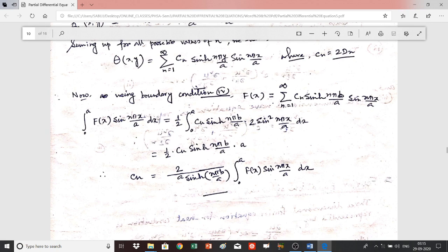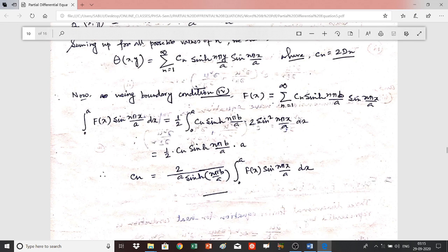From here you multiply this term by sin n pi x by a, and then integrate from 0 to a. That will give you the integral of fx sin n pi x by a dx equal to the integral from 0 to a of Cn sin hyperbolic n pi b by a, then sin squared n pi x by a, and here 2 is taken, so half will be here.